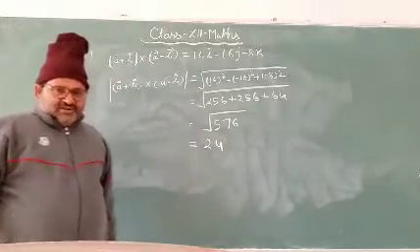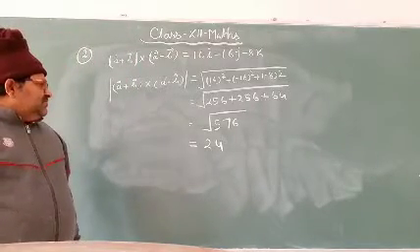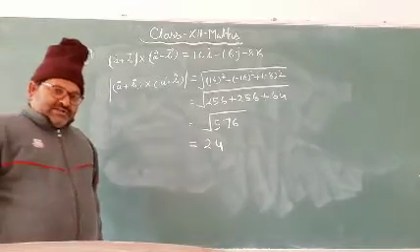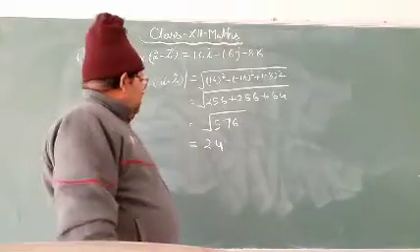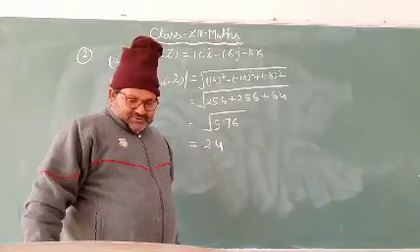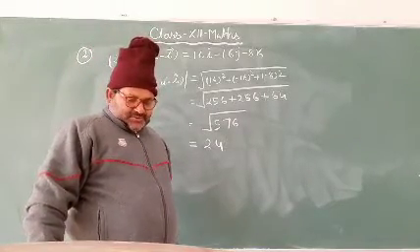The modulus of vector A plus B cross product vector A minus vector B is equal to 24.